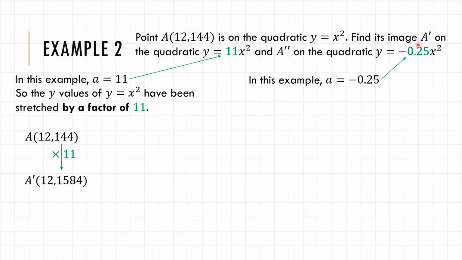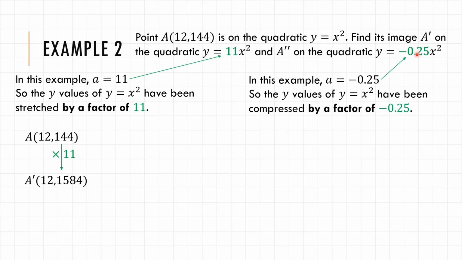In the second example, the value of the variable A is negative 0.25. And so the y values of the original quadratic have been compressed by a factor of negative 0.25. So here is our point, and we are multiplying the y value only by negative 0.25. And its new location, therefore, will be 12 and negative 36.